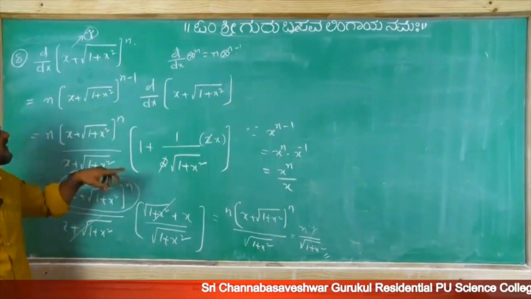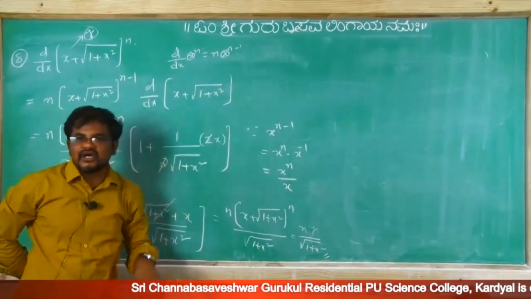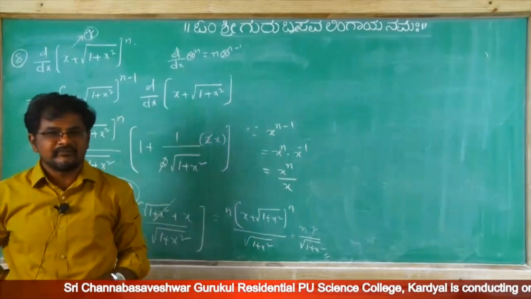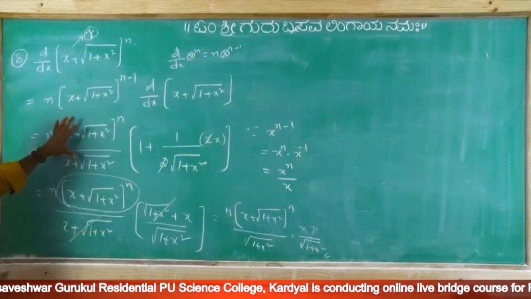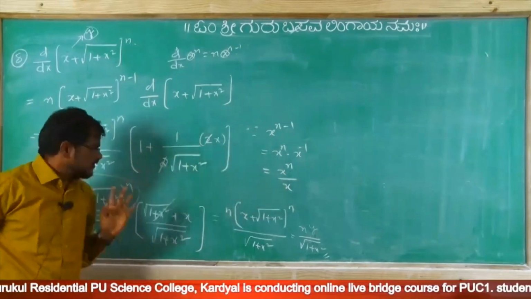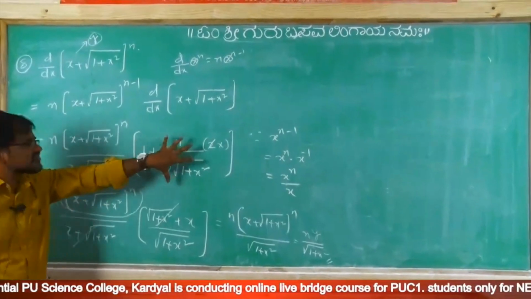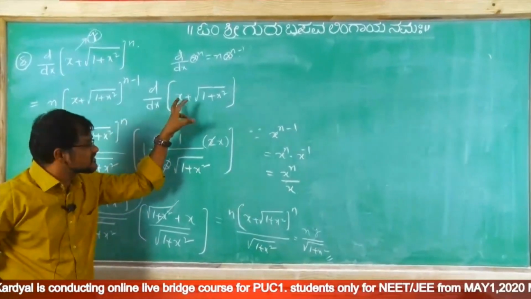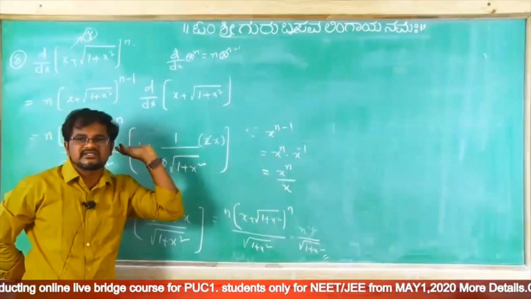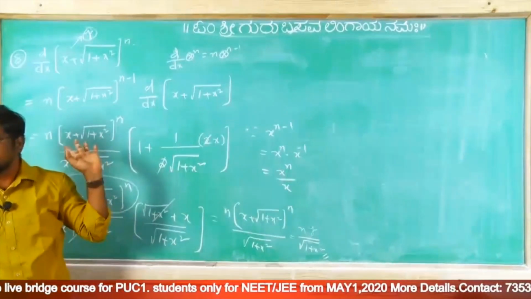Understood? So that's why d by dx of x root of 1 plus x square. Now again we have to do the differentiation. This is over. This one we simplified according to this condition. Now like this you got. Again, differentiation of this one: 1 plus differentiation of x is 1, and differentiation of root x is what? 1 by 2 root x.